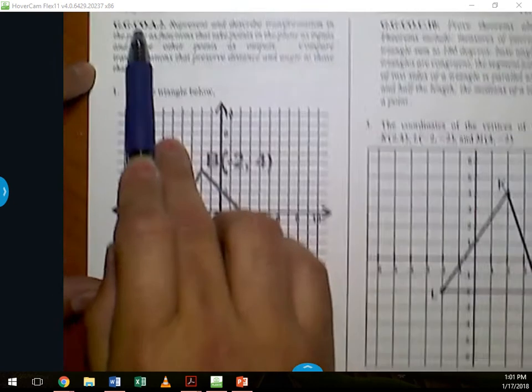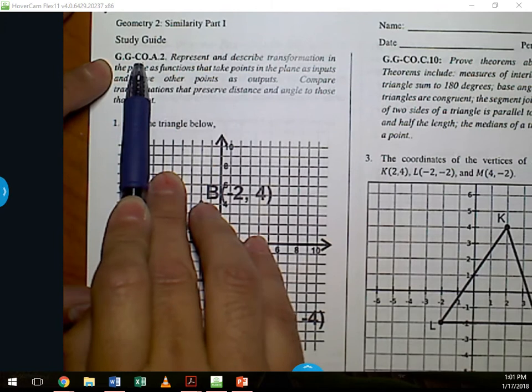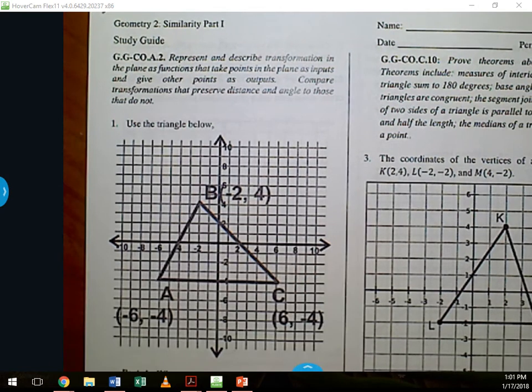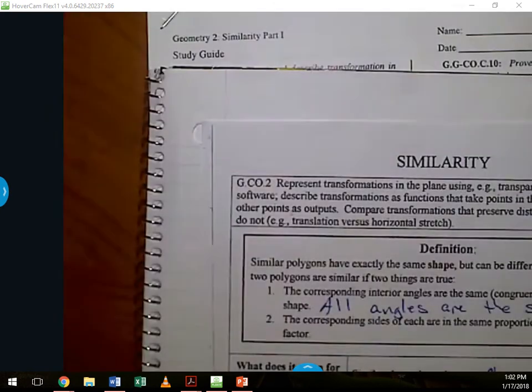So if I look at my standards on my notes, it says GCO A2. Alright, I'm going to open up my notebook and find that one. GCO A2 is going to be on page 5. Same standard right here.